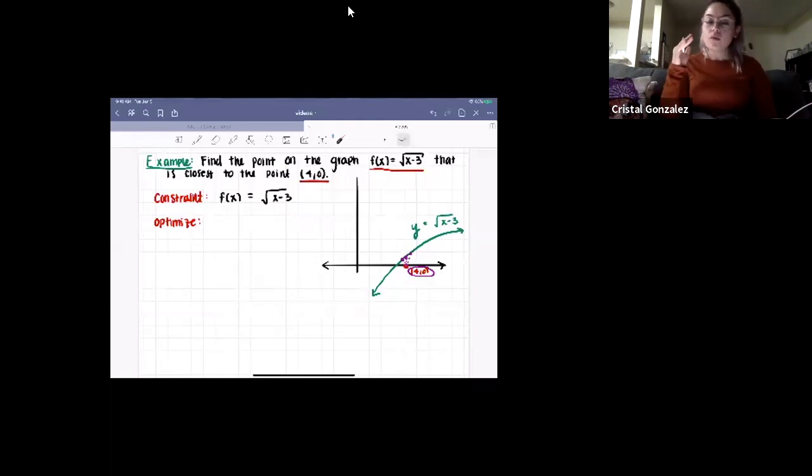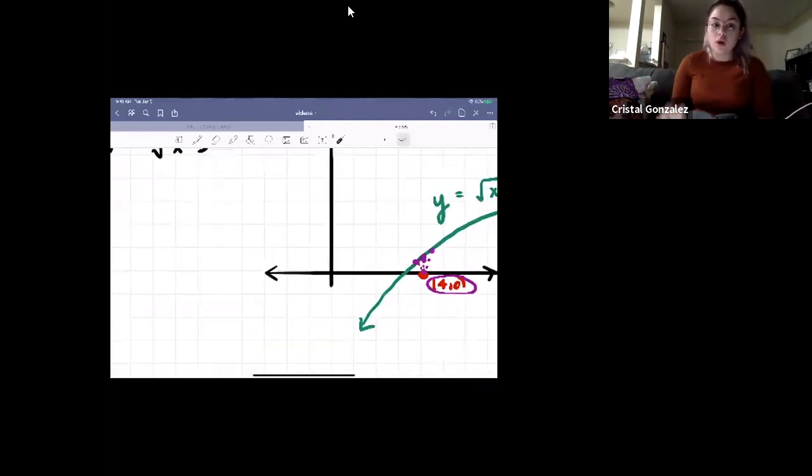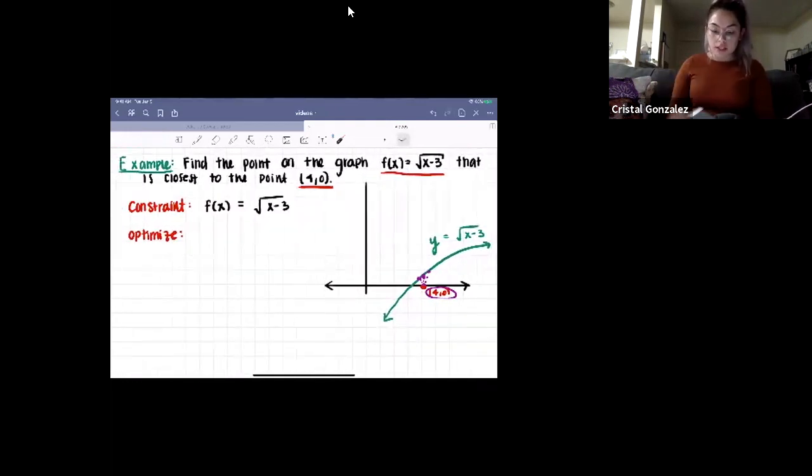So if you recall, when we're looking for distance, we can use what's called the distance formula. Let me put it on the side here in a different color.